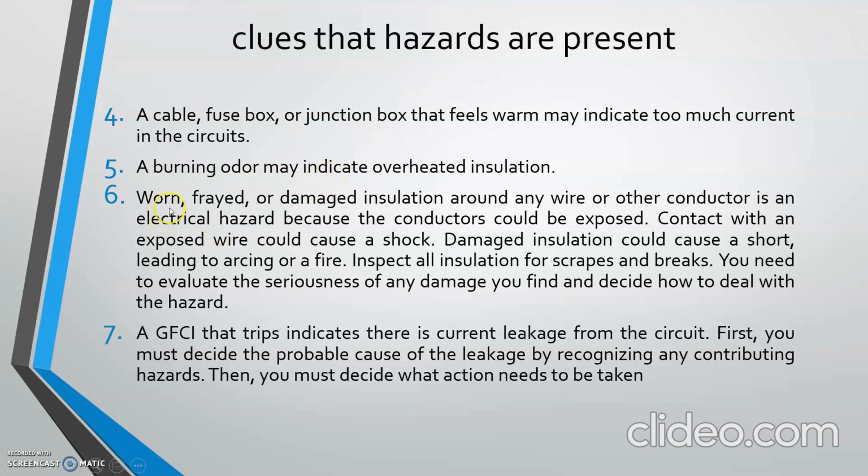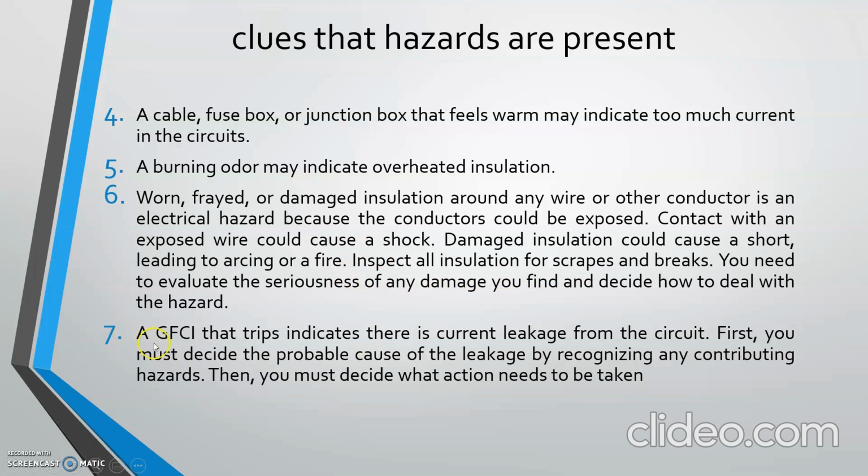And the sixth, worn, frayed or damaged insulation around any wire or other conductor is an electrical hazard because the conductors could be exposed. When you have contact with an exposed wire, it will cause a shock, and you need to evaluate the seriousness of any damage you find and decide how to deal with the hazard.